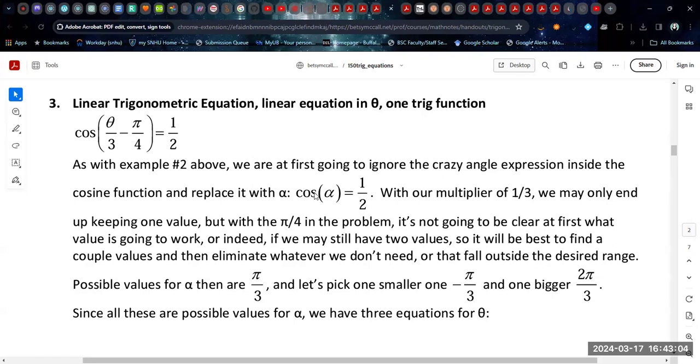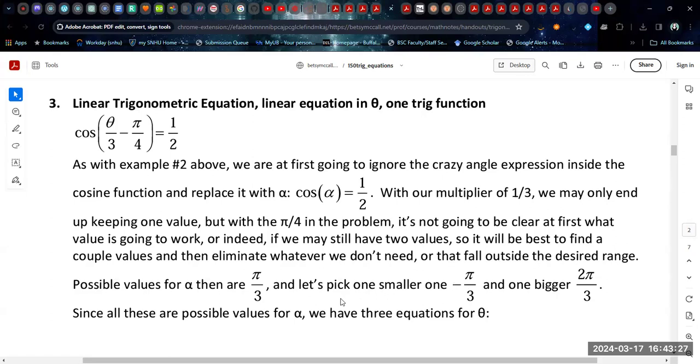Now, first of all, the inverse cosine of 1/2 is going to give me pi over 3. I'm also going to get another one in the fourth quadrant, negative pi over 3, where cosine is also positive.